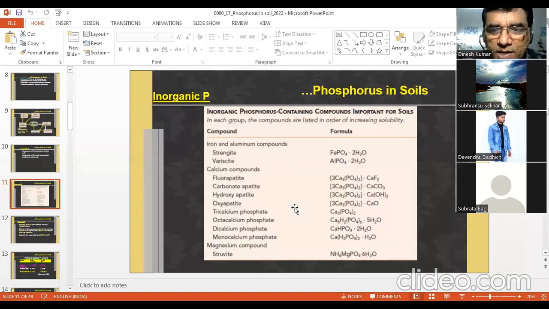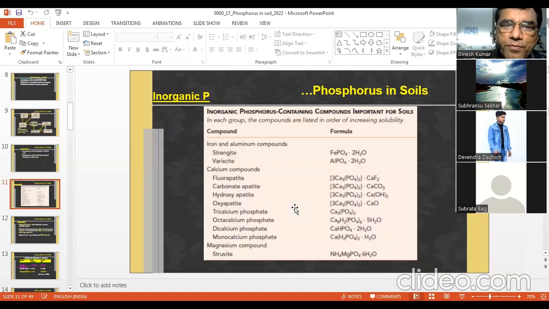Then octacalcium phosphate, dicalcium phosphate, monocalcium phosphate, magnesium compounds, and then struvite. These have really more solubility and can give phosphorus most easily, because of the increasing order of solubility.